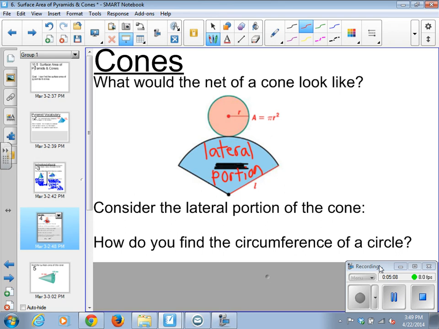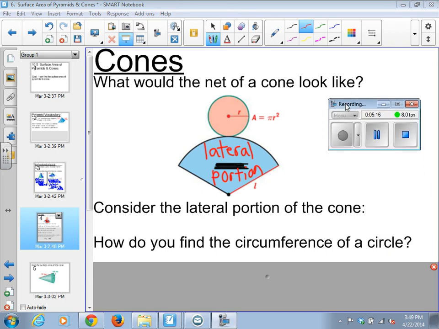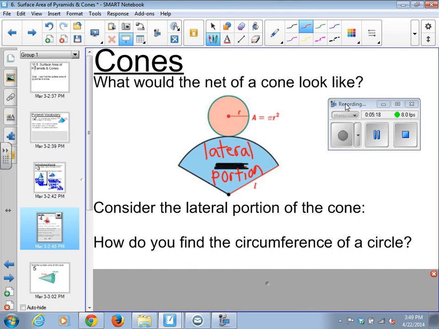Well, we notice that we've got a rounded part of our cone here, part of this net. So the circumference of that part is going to be circumference equals pi d, or pi times 2 radius, or 2 pi r.